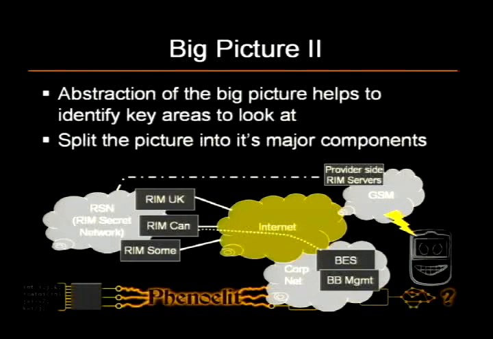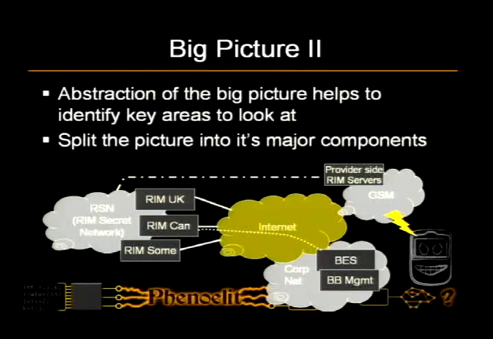On the corporate network side, you have an enterprise server, and you have management software for that, which is also a small piece that people usually overlook. There has to be a management interface to all the infrastructure. And that has to have more powers than the average end user, especially if you're looking at this connection versus this connection. And this has a connection to the RIM side as well.